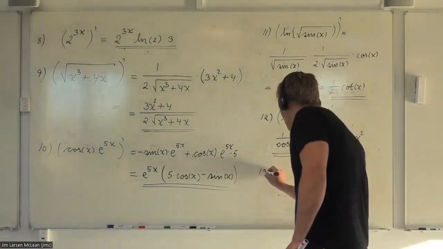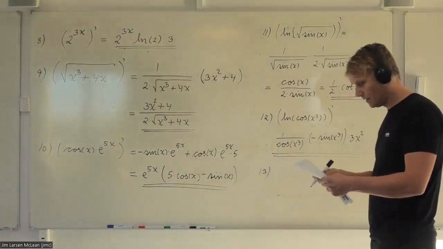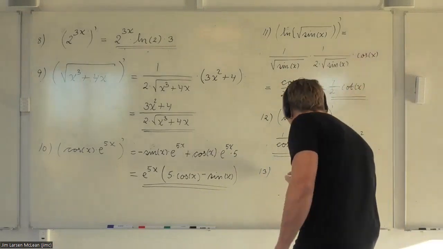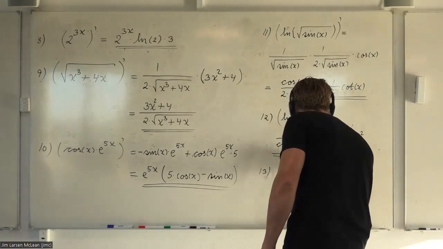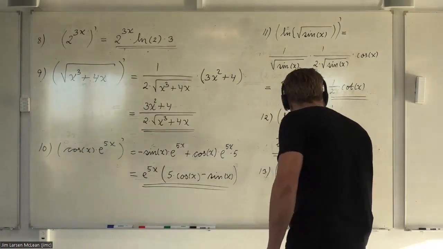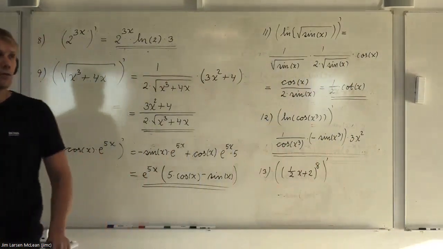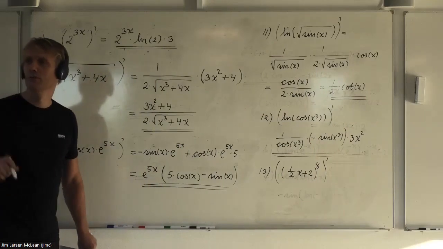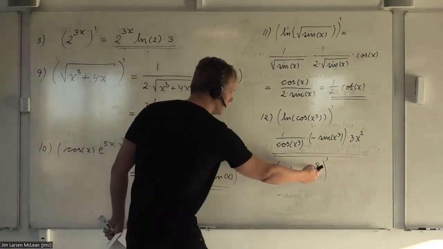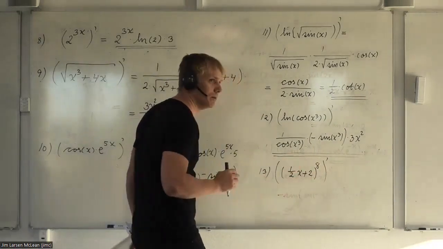Now we have 1/2 x plus 2, all in parentheses, and that's what we will differentiate. So it's a composite function. It basically just says something to the 8th power. Differentiate that, 8 times something to the 7th power. So you start from the outside, just think, I'll multiply by 8 in front and subtract 1 from the power.